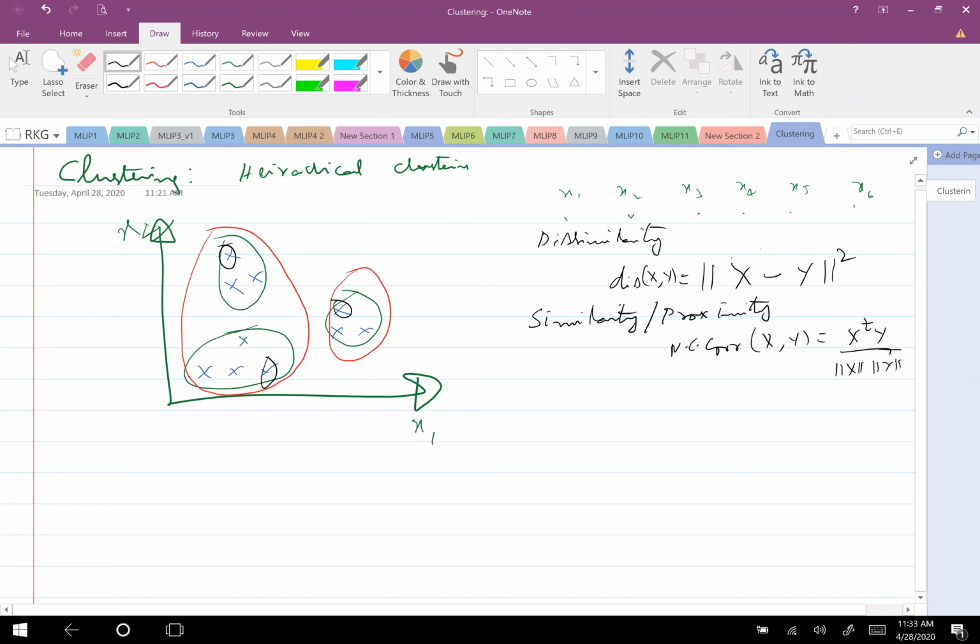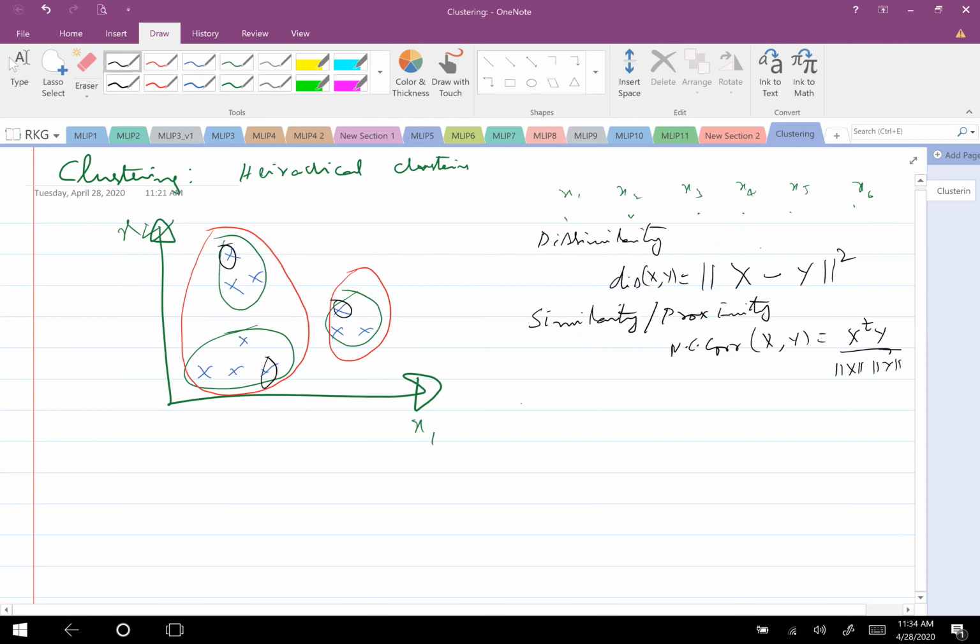Now let us introduce a few more dissimilarity and similarity measures, because the initial discussion on the whole evolving of the clustering methods is based on using different similarity and dissimilarity methods, and how they affect and how we make use of them in different algorithms.